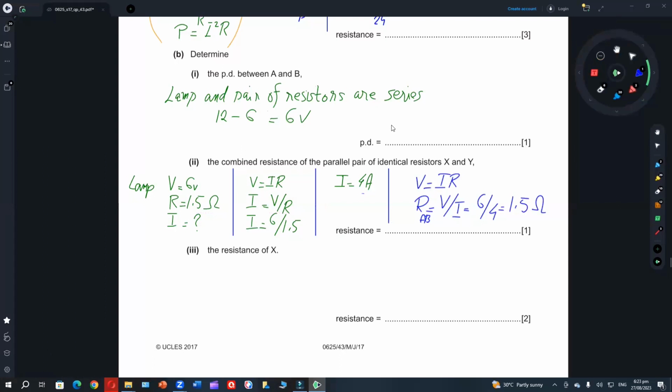So the total resistance of AB is also 1.5, because when the voltage is the same, they both have 6 volt, the resistance should also be the same.